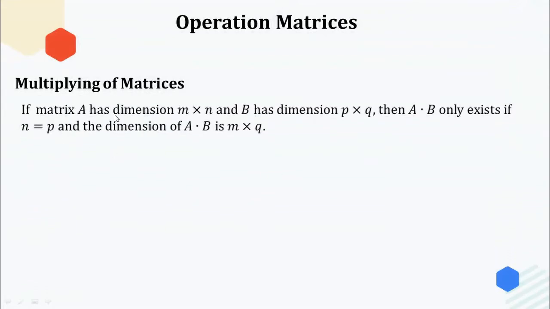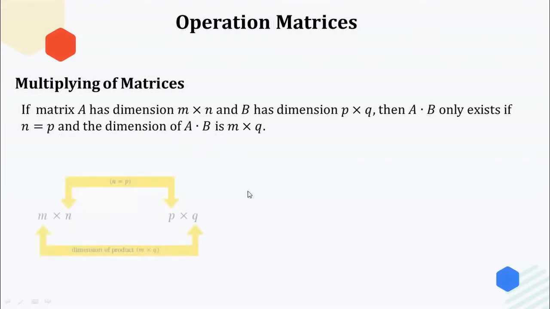If matrix A has dimension m by n and B has dimension p by q, then A times B only exists if n equals p, and the dimension of AB is m by q.